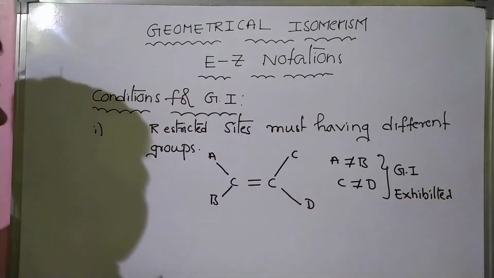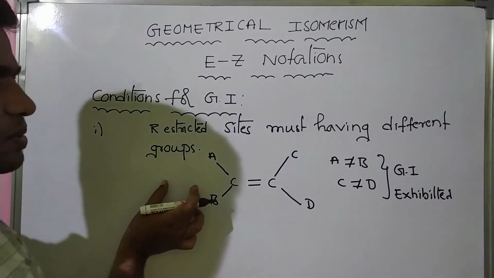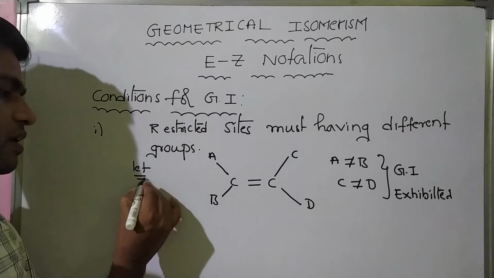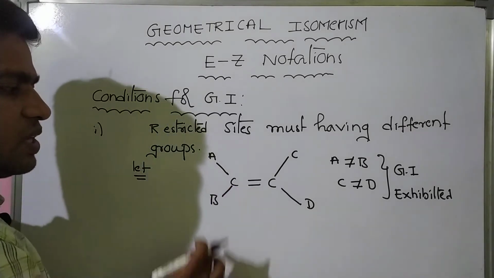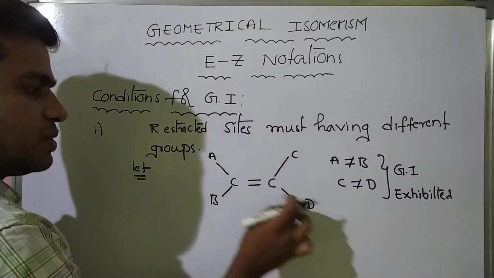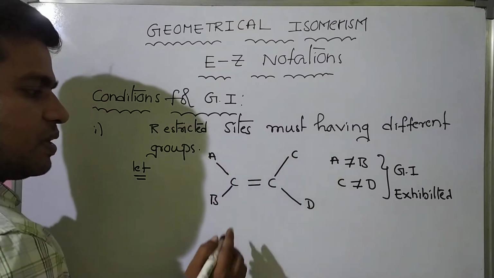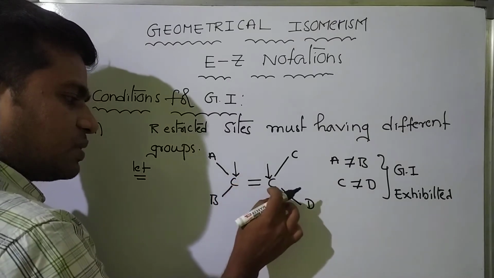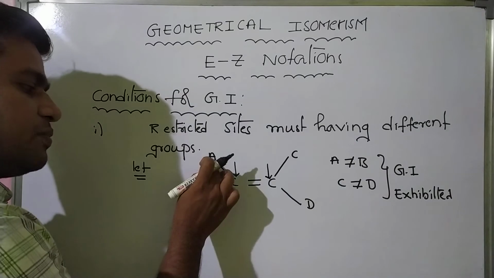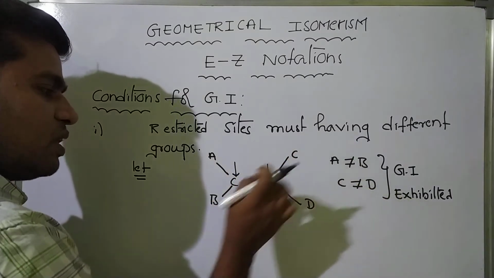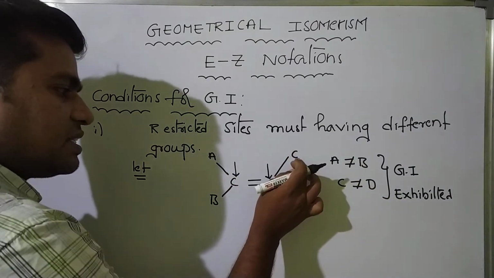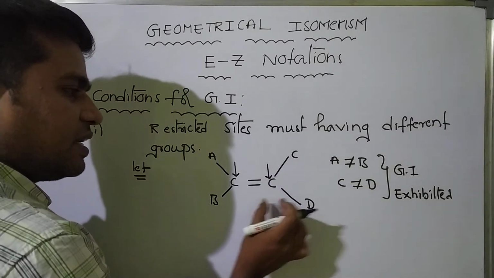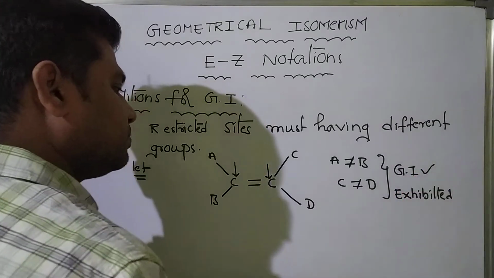Please observe the board, students. This is one hypothetical alkene structure. These are substituents A, B, C, D. These are the restricted sites, meaning stereo sites. If A and B are not equal and C and D also are not equal, then this compound will exhibit geometrical isomerism.